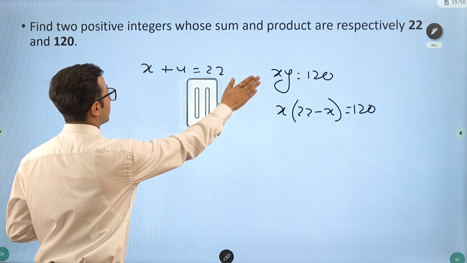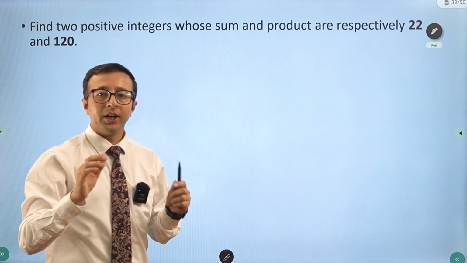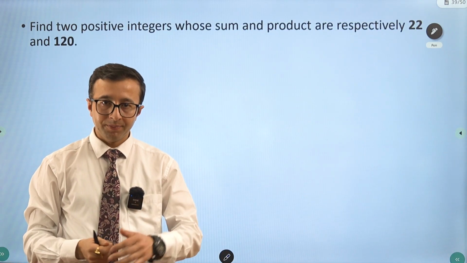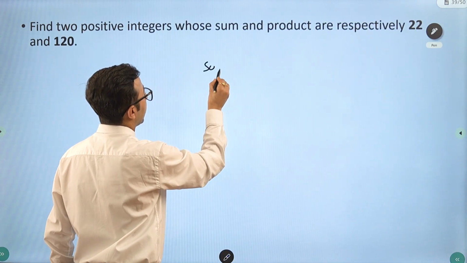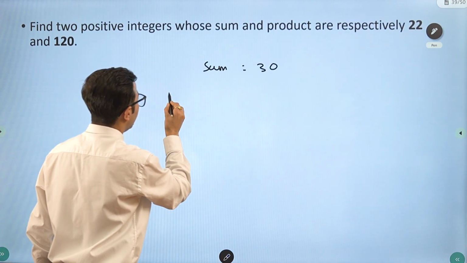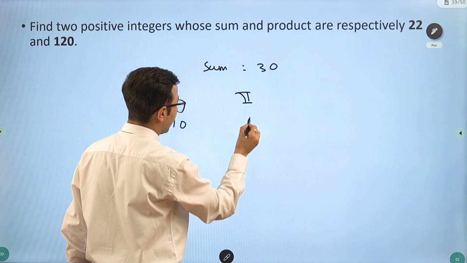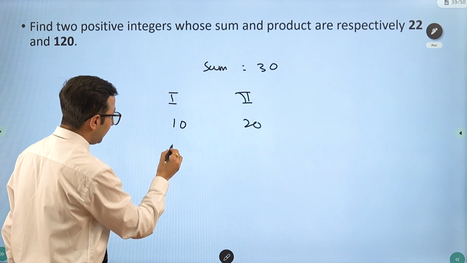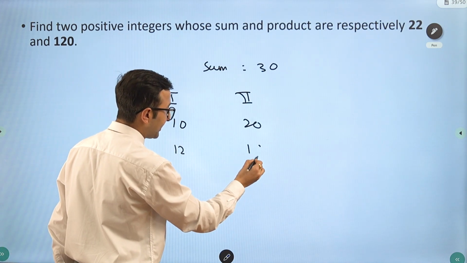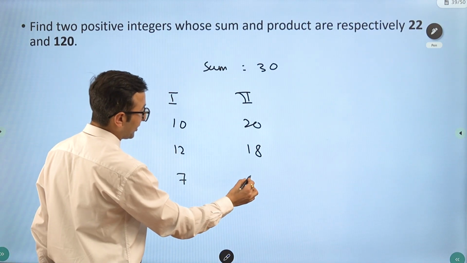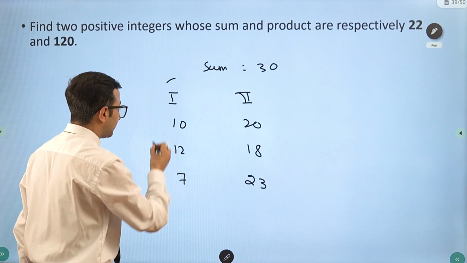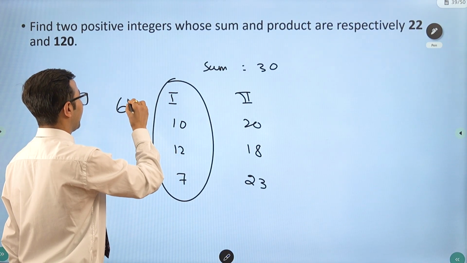Another way, remember, if the sum of two numbers is 30: if one of the numbers is 10, then the second will be 20. If one of the numbers is 12, another is 18. If one of the numbers is 7, another is 23. Suppose we take this as given.